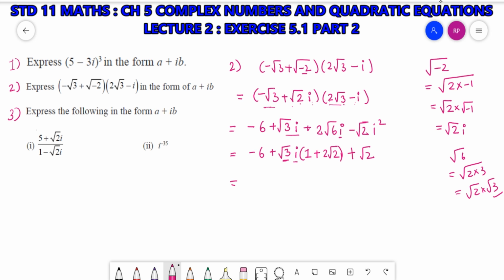Now this will be equal to minus 6 plus root 2, plus root 3 into (1 plus 2 root 2) i. Okay, this is in the form of a plus ib. a is equal to minus 6 plus root 2 and b is equal to root 3 into (1 plus 2 root 2). Clear? So just note down this question.